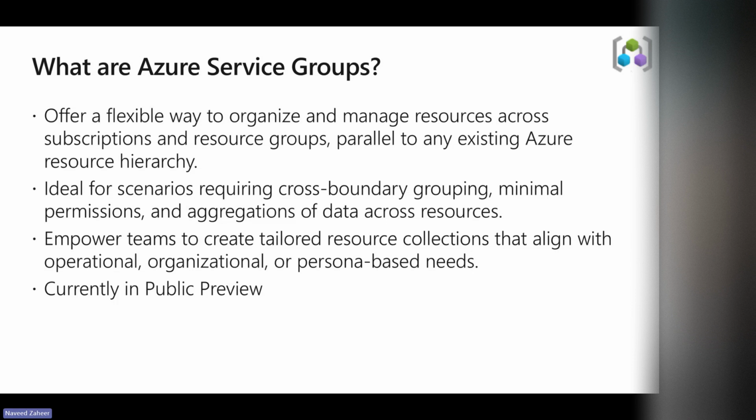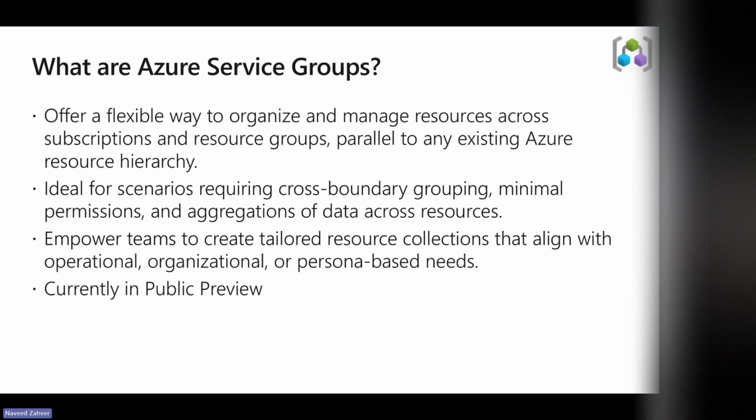Since they're spread across subscriptions, how do they address it? The way they can do it now with service groups is they can take these resources from different subscriptions and put them inside a service group where they can monitor them and do an inventory, all of that.